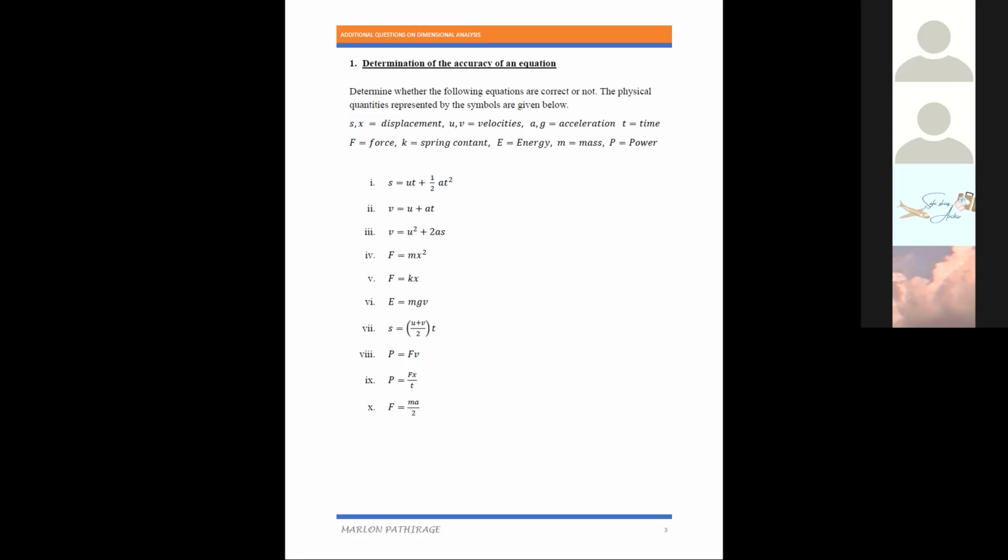Question number 5. Could you please check the dimension of K, that means the spring constant? Please recheck that one. Spring constant.